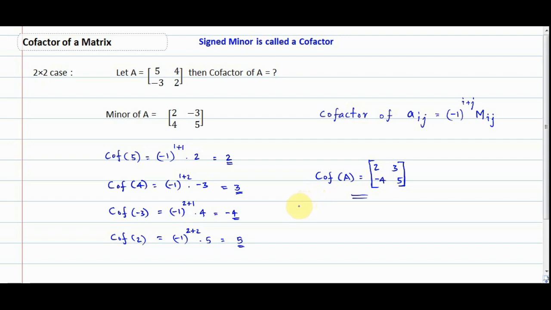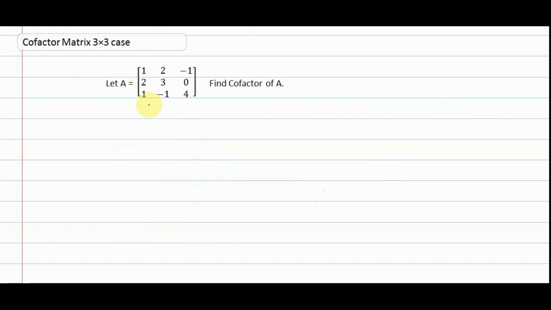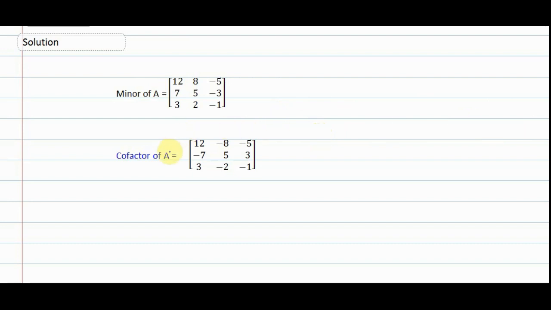Now let's try another problem. Let A equal to this matrix. Find the cofactor of A. You pause the video and try to solve this by yourself. Okay, now if you have solved the question, you may check your answer. Here the right answer is cofactor of A equal to 12, minus 8, minus 5, minus 7, 5, 3, 3, minus 2, minus 1.